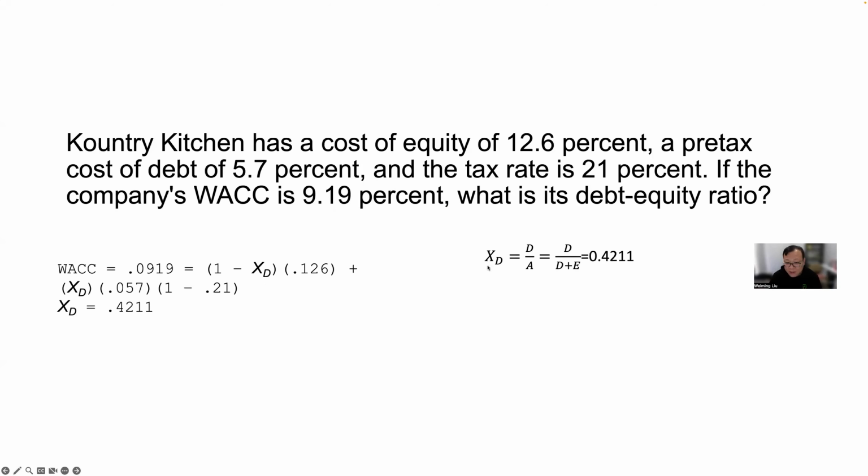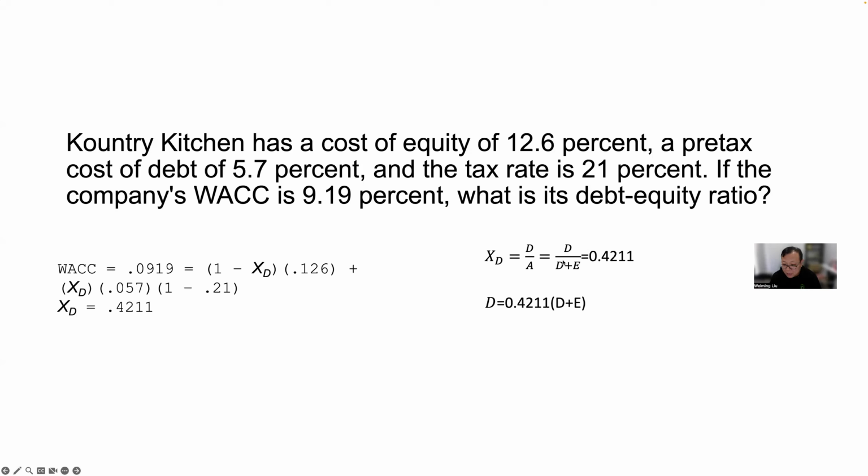So what is the weight? The weight is the debt over assets, and assets A equal debt plus equity, so A equals D plus E. We figured out XD, the weight of the debt, and that equals D over D plus E, which equals 0.4211.